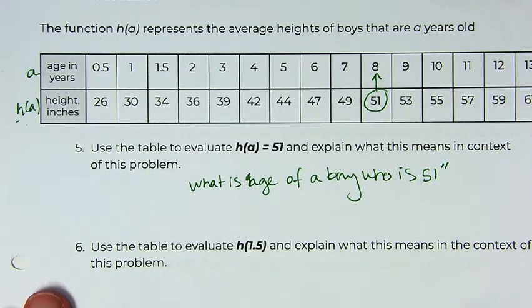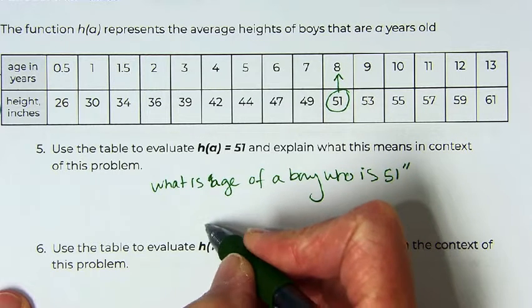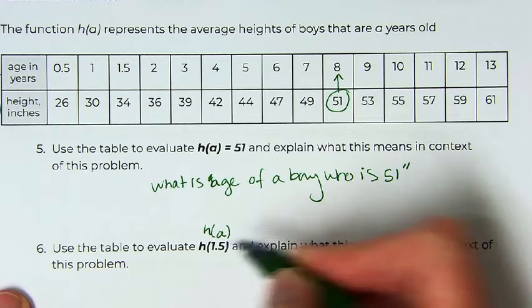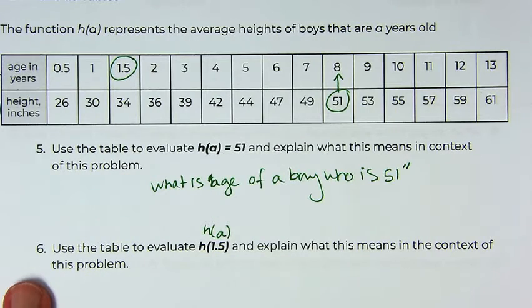Now this next one says, use the table to evaluate h at 1.5 and explain what this means in context of the problem. Well, in this case, we are replacing the A with a 1.5. So this is when we have a boy's age of 1.5 years old, or 18 months.